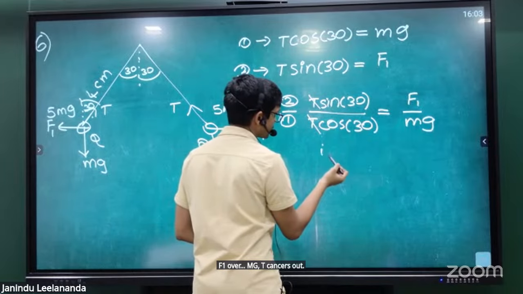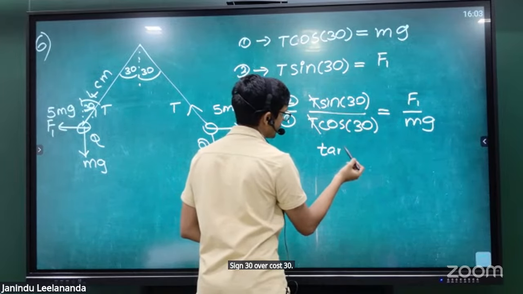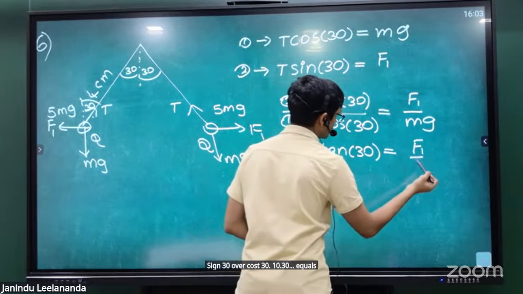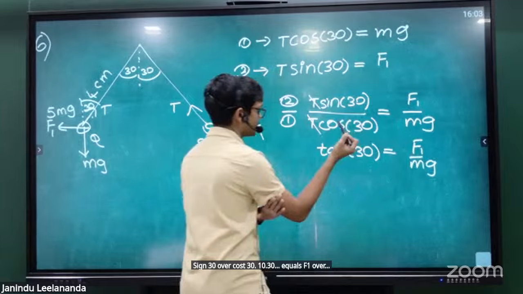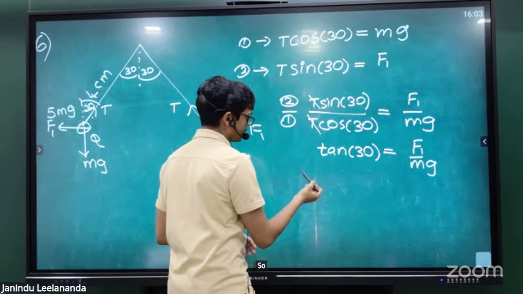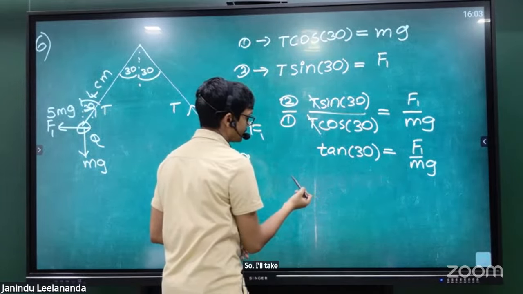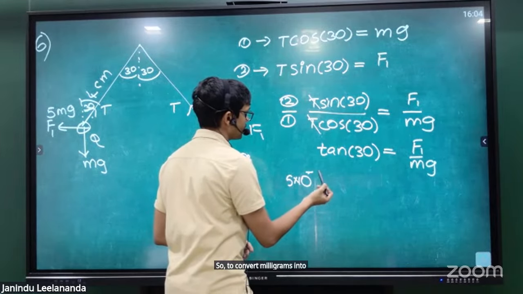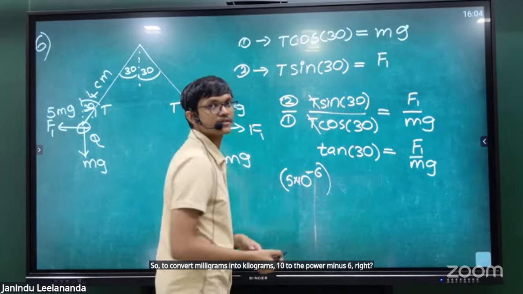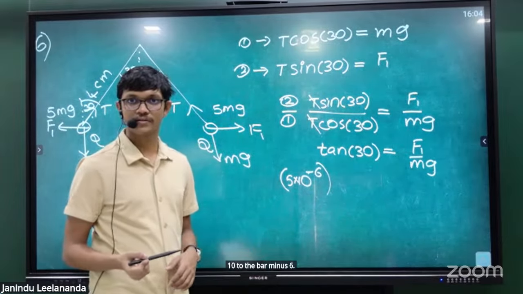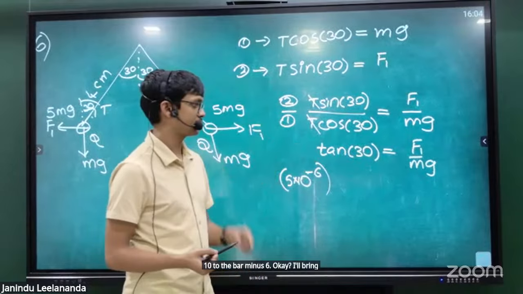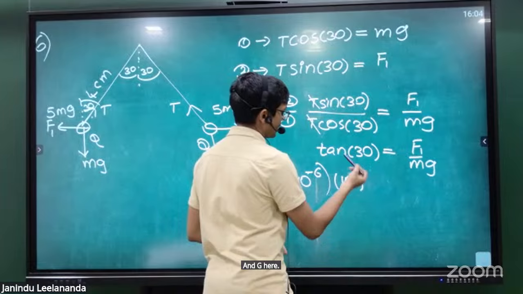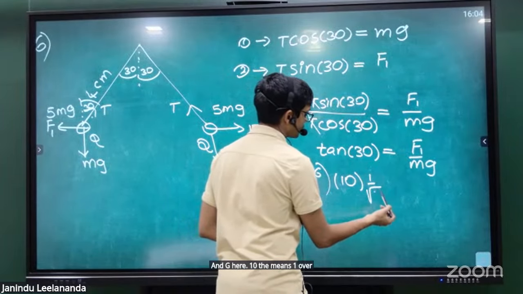Sin 30 over cos 30, tan 30 equals F1 over mg. M means 5 milligrams. To convert milligrams into kilograms, 10 to the power minus 6, right? I'll bring m here and g here. Tan 30 means 1 over root 3 equals F1.